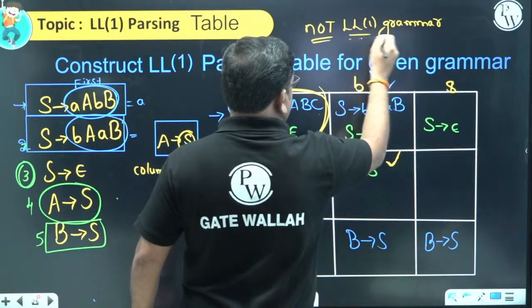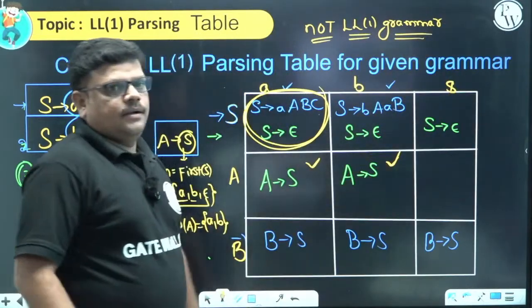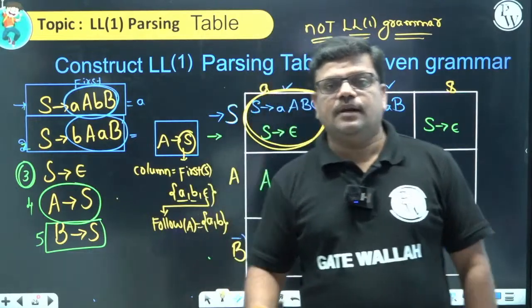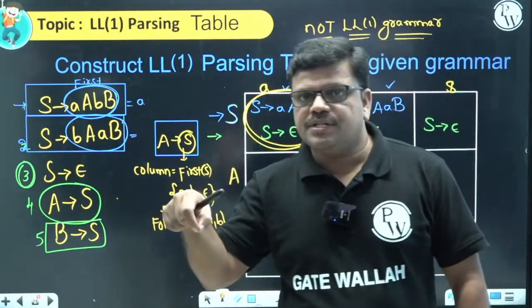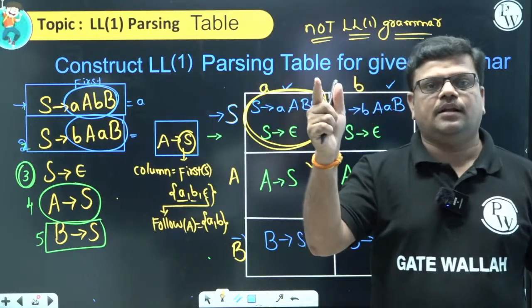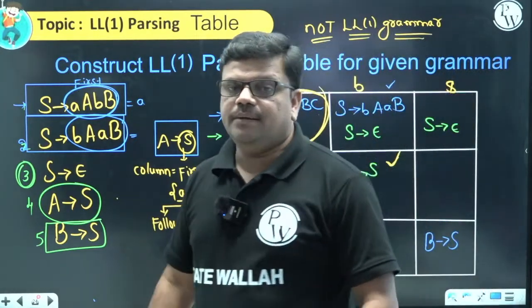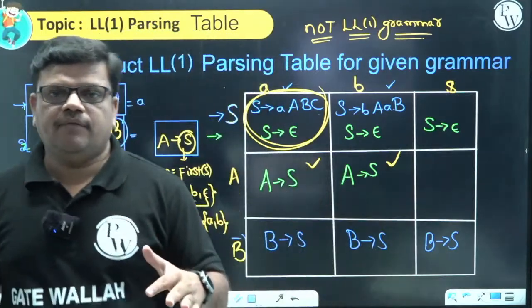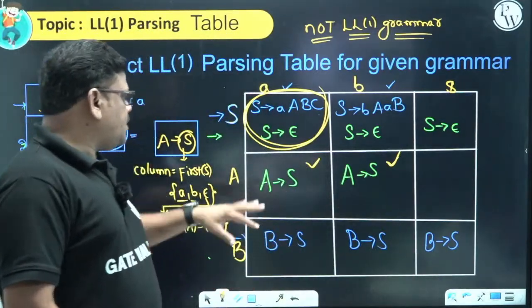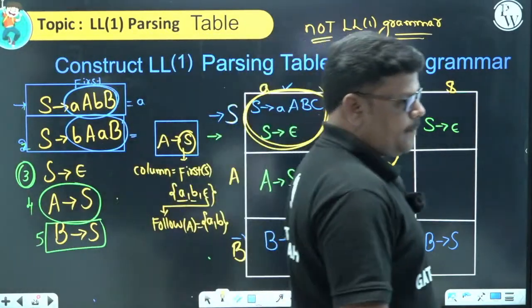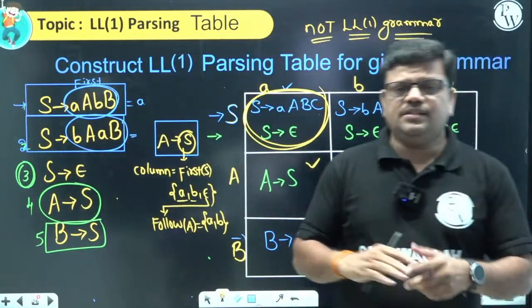Based on whether a table contains multiple productions or a single production in any cell, based on the number of productions in a particular cell, we can give the names LL1 grammar or not LL1 grammar. So not LL1 grammars are like this, LL1 grammars are like the previous one. Okay, so this is a common question.